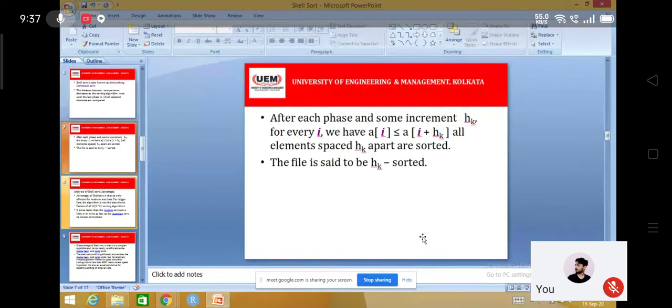Then parallelly in all 10 groups, some sorting operation is going on. Now physically you are not supposed to take each and everything in a separate array, but with A0 you will start one group, with A1 you will start one group, and how many groups will be created is based on this H value.